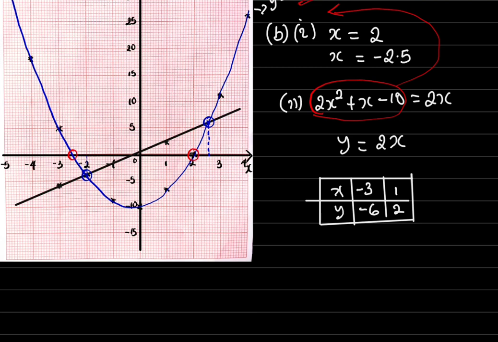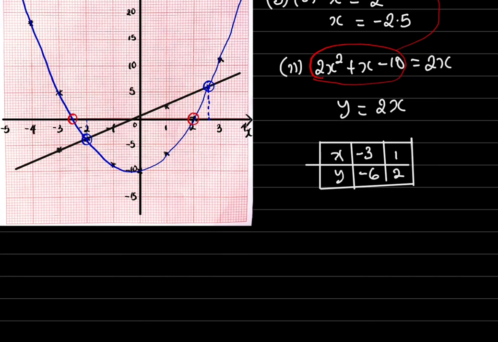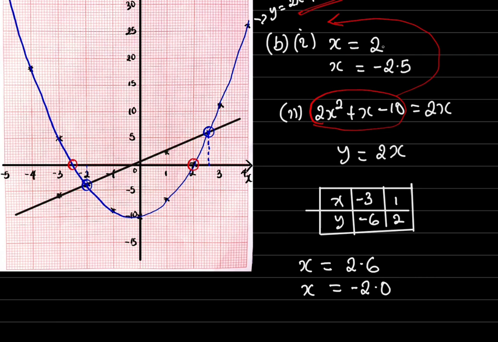Very important. So the answers now, x is, if you check here, going to be 2.6. Then x is also on this side. Looking at it, it is minus 2. Minus 2. If you wish, you can put 0.0. All right. So that is the answer. It is actually very simple and easy.